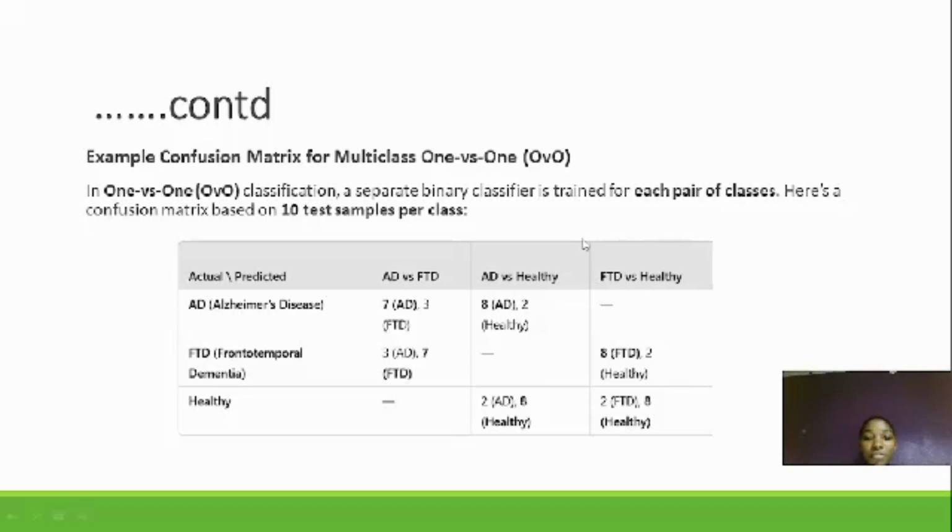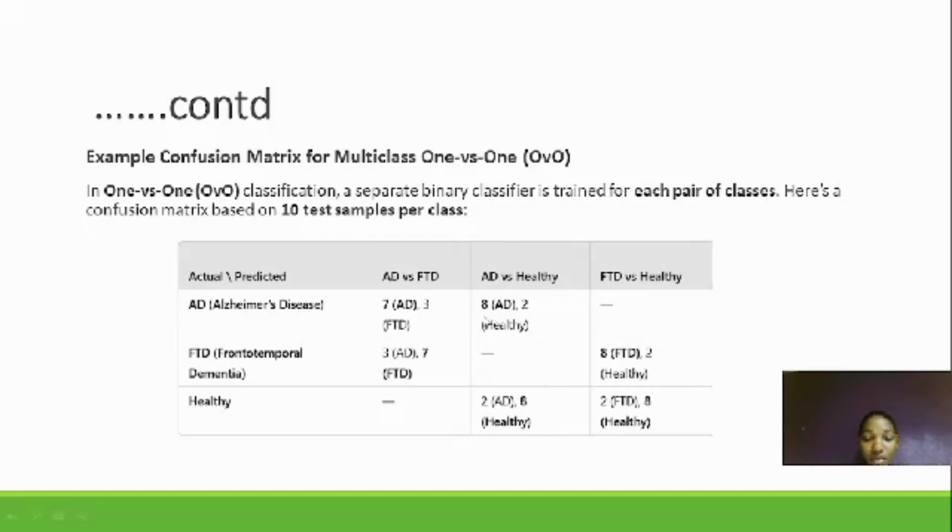In the case of Alzheimer's versus frontotemporal, the classifier predicted that Alzheimer's disease had 7 outcomes, and the frontotemporal had 3. For Alzheimer's and healthy, there were 3 Alzheimer's cases and 2 healthy ones. So it keeps on going like that.